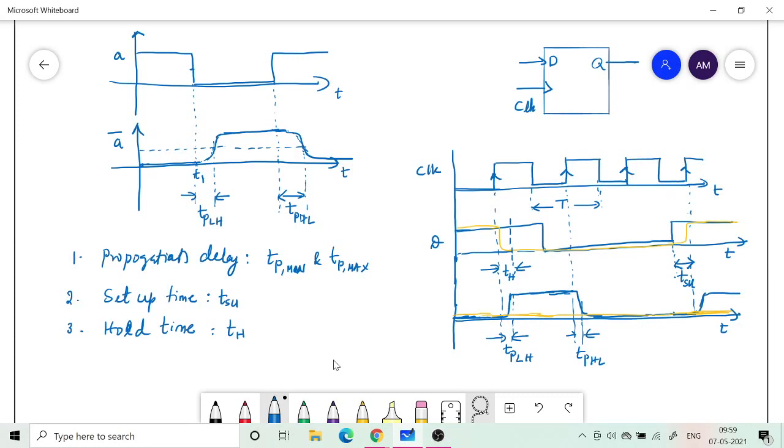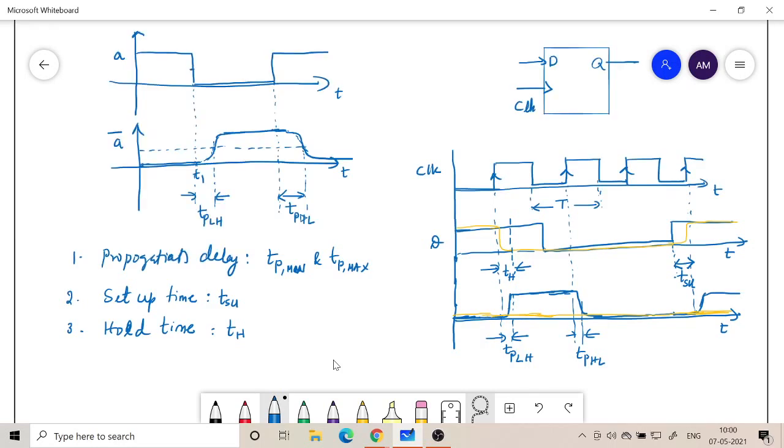Definitely we can talk about it in time period. So the time period should be sufficiently long. A simple approximation: there should be a hold time after the clock, there should be a sufficiently long time, and the input should also come early enough.